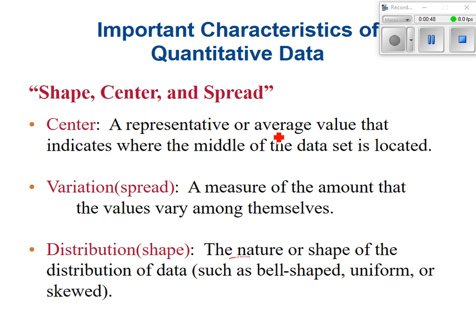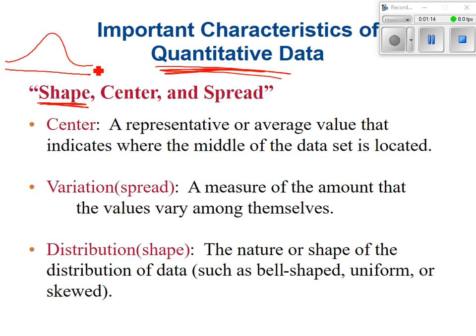Important characteristics of quantitative data. Remember, quantitative means that you are dealing with numbers that mean something. Shape, center, and spread. One of the key things for the shape of data that we're going to do a lot with is something called a bell curve. A bell curve looks something like that.